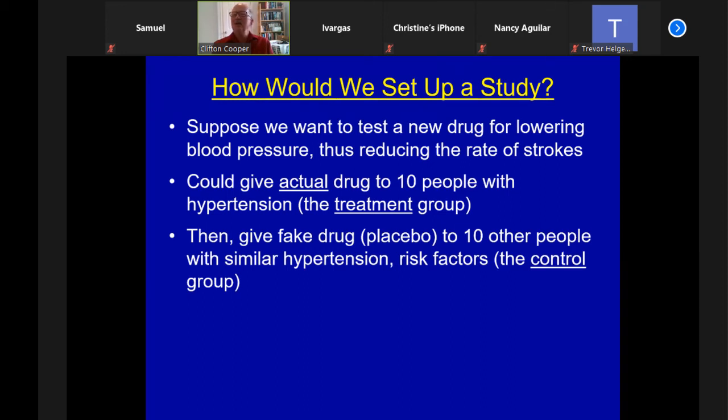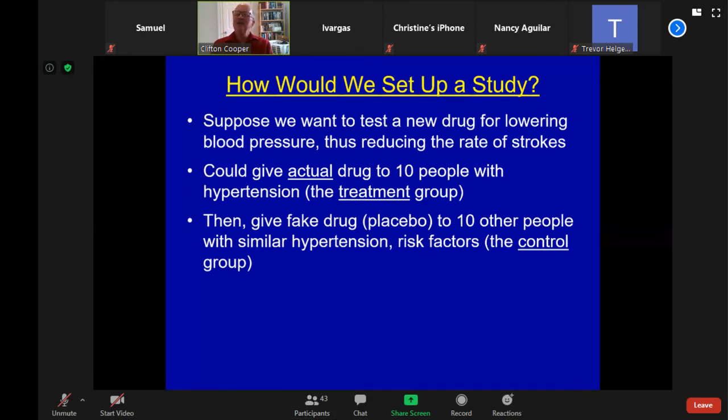That becomes what we call a double-blind study, and that's basically how we conduct these things these days. Why would we need to do that? I mean, imagine we just took 10 people and say their blood pressure is running 150 over 100, and you give them the drug, and their blood pressure drops down to 100 over 70. Why isn't that good enough to say that the drug lowered the blood pressure?